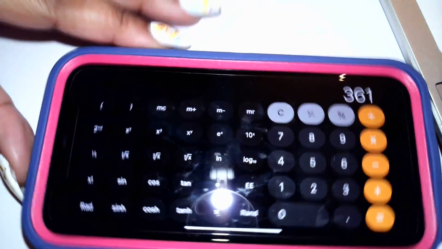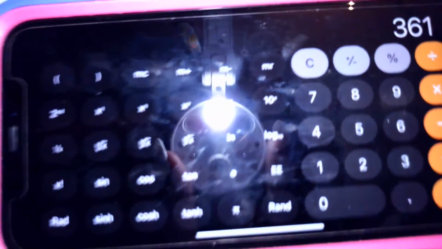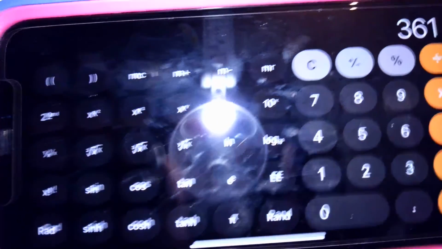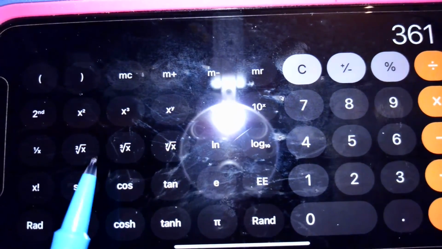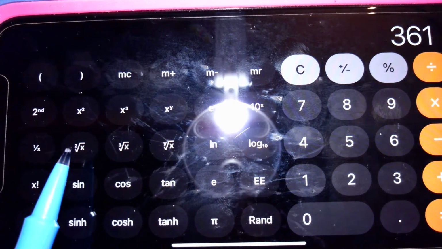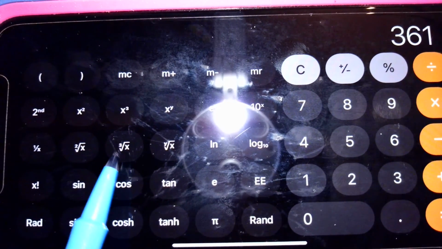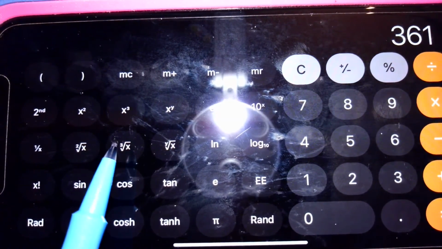I want to show you something. In my video, I had talked about us knowing that we were taking the square root because we saw the 2 up there. And I said sometimes it might have a 3 or a 4. So over here you can see that it has a 3.